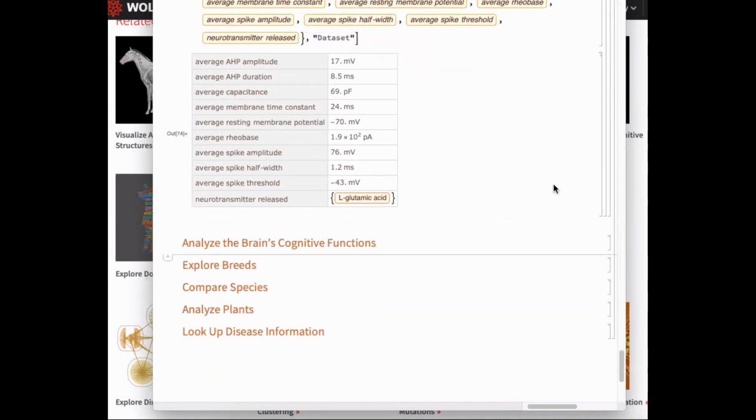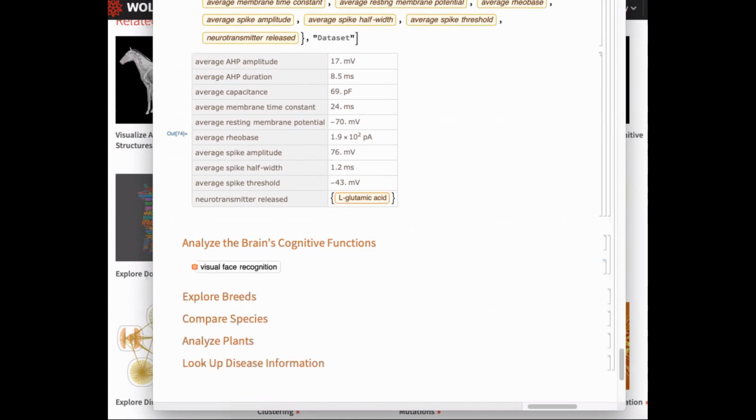So after looking at components of the brain, let's explore their functions. A variety of cognitive processes that take place in the brain can be categorized and hierarchically mapped. And this anatomical function concept entity, for example, visual face recognition, describes higher order brain activities and other physiological functions of a human body.